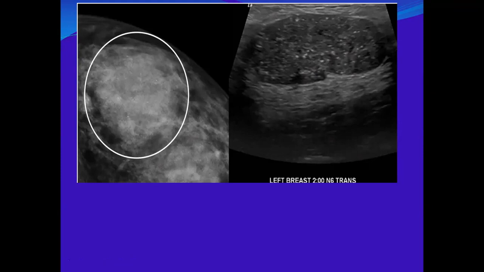So I can put phyllodes as a differential. There is no posterior shadowing. There is indifferent posterior acoustic features, but only edge shadowing, which obscures the medial and lateral borders of the mass.